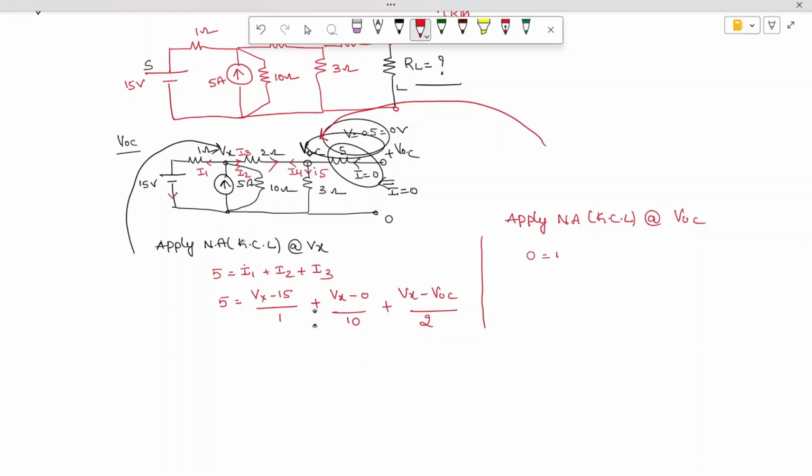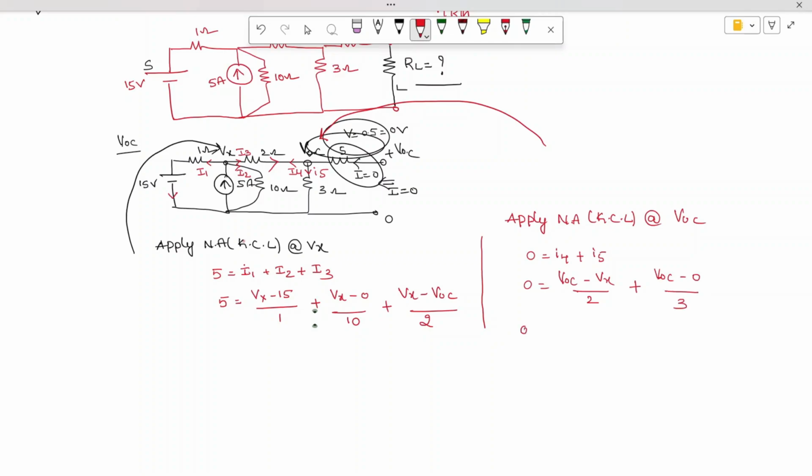The leaving currents are I4 and I5. So 0 is equal to I4, flowing from VOC to Vx, which is VOC minus Vx divided by 2, plus I5. I5 is VOC minus 0 divided by 3.